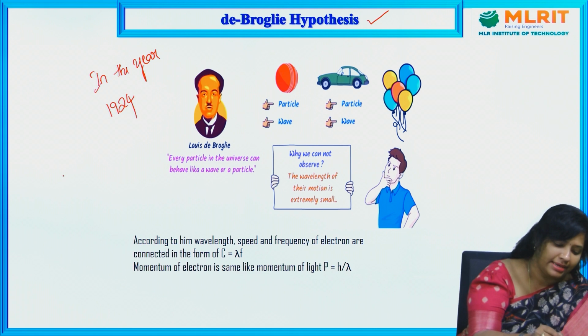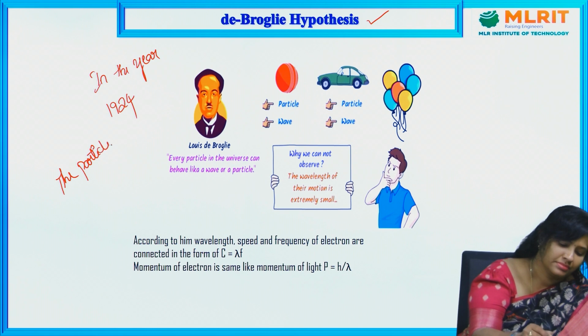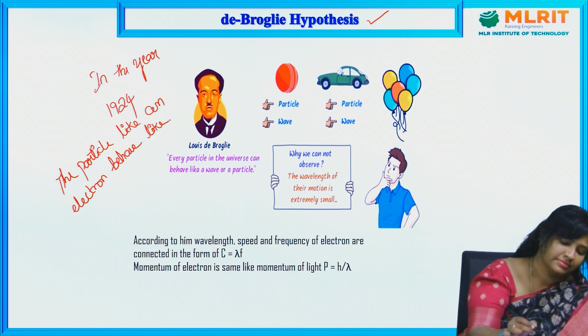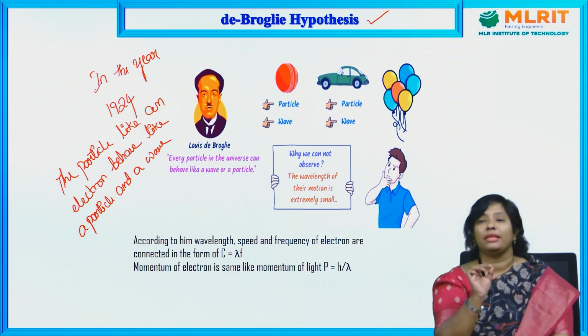The particle like an electron behaves like a particle and a wave depending upon the experiment.